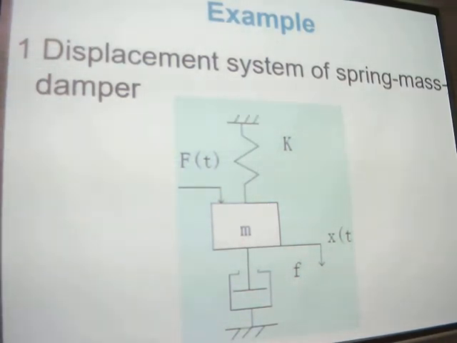For this system, we should analyze the forces on the mass. Now, P is the gravity, mg. Now, there is the external force F(t).